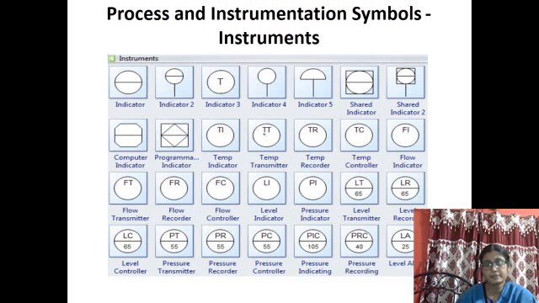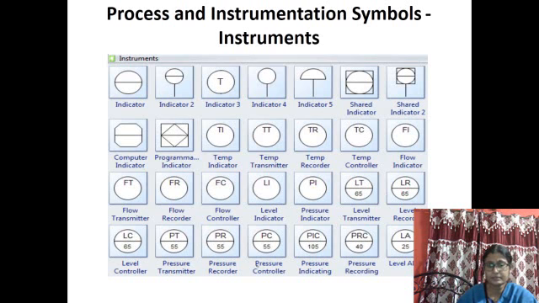I stands for indicator, T stands for transmitter, R for recorder, C for controller. Similarly, for the flow variable, flow indicator, flow transmitter, flow recorder, flow controller. For level, the process variable is L. For pressure, the process variable is P, like that. This is level transmitter, level recorder.